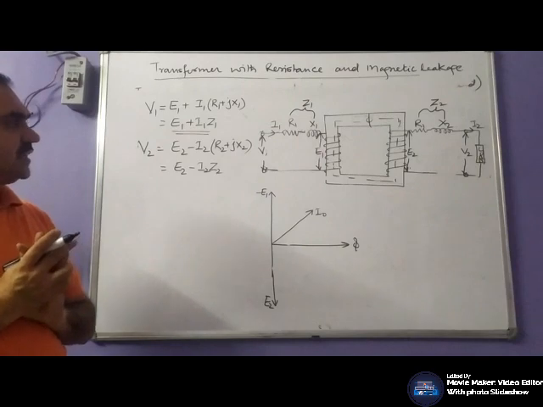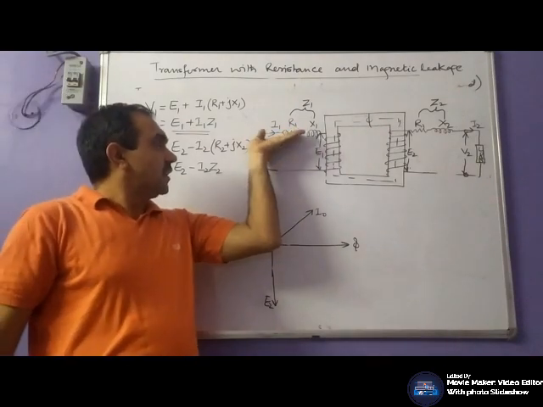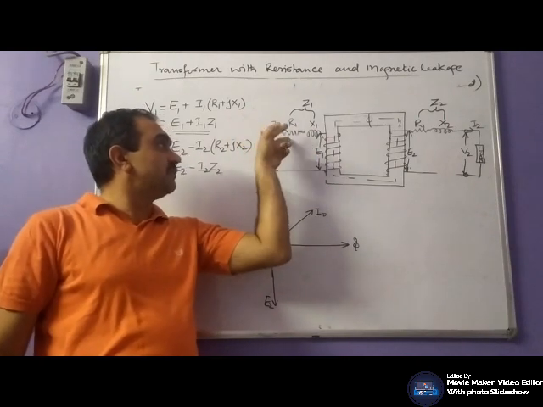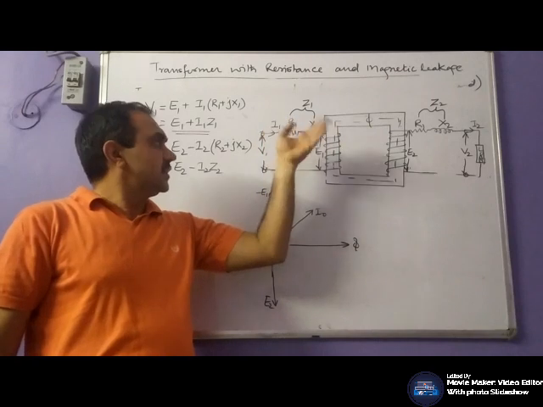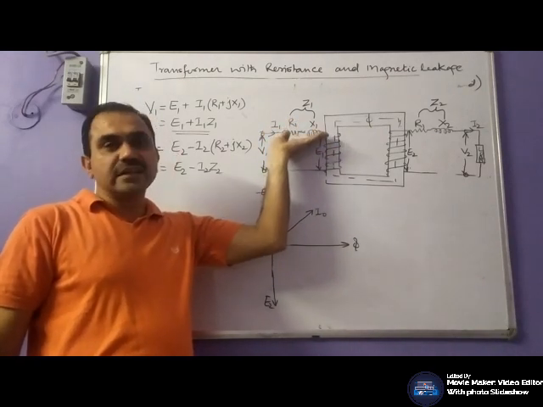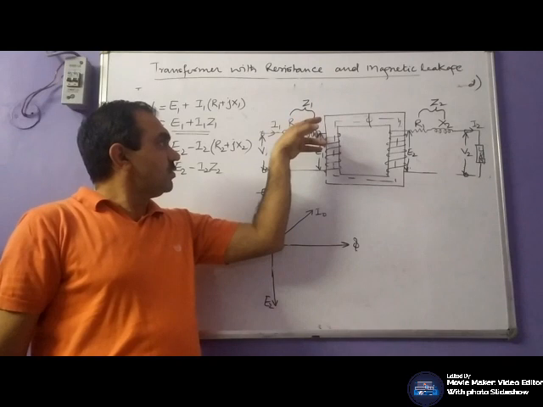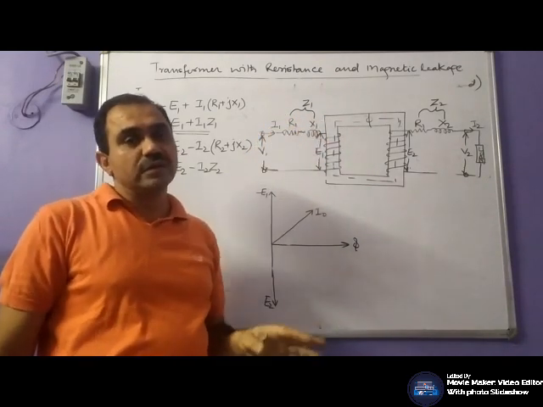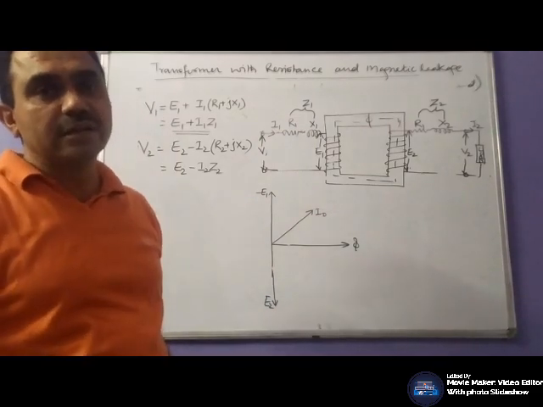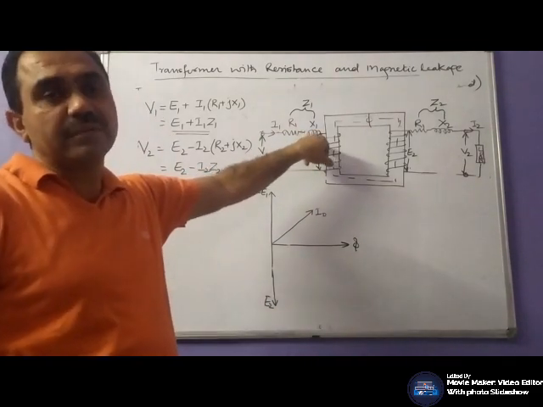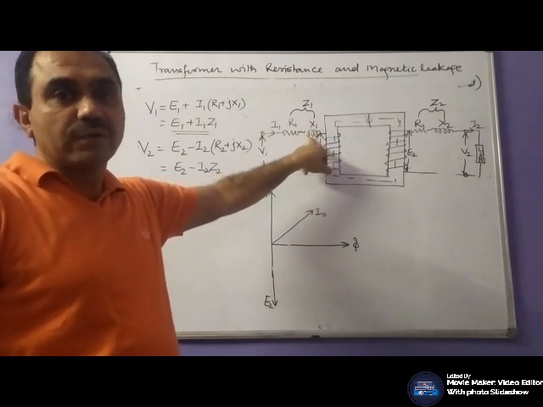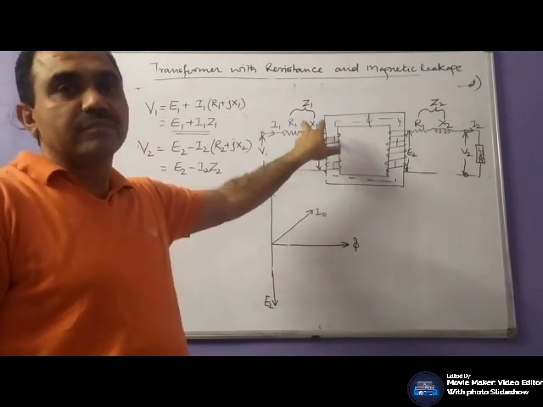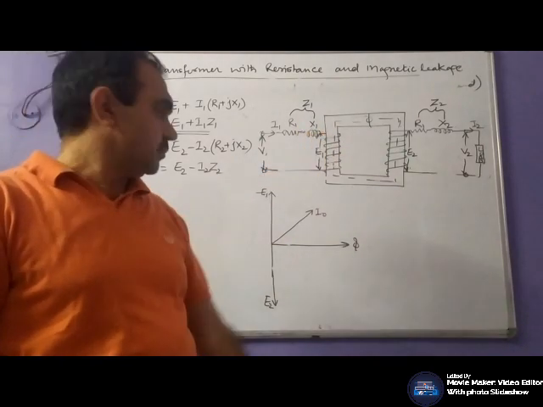One thing to remember here: the voltage drop across the resistance, I1 R1, would be in phase with I1, and the voltage drop across the inductor, I1 X1, would lead the current I1 by an angle of 90 degrees. Across a pure inductor, the current lags the voltage by a phase angle of pi by 2.